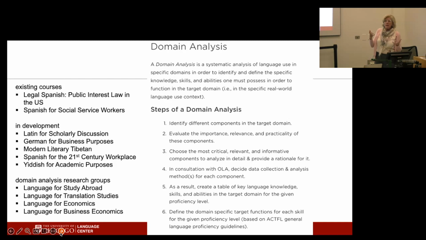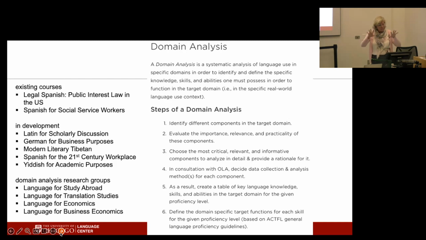So the domain analysis sometimes reveals surprising things about the domain that let you target the skills you need to be teaching. I can imagine a Hindi for finance course where you find out we don't read anything in Hindi about economics and business. We read all of the English language, Financial Times, whatever it is.